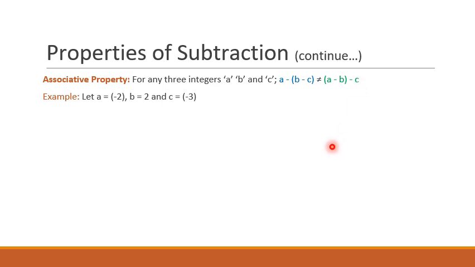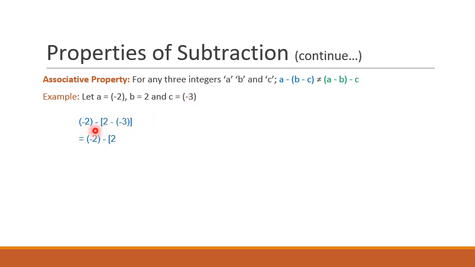So to understand it properly, we'll take an example. In this example, I am taking a as minus 2. The first integer here is minus 2, b is plus 2, and c is minus 3. So let's first take the left hand side.